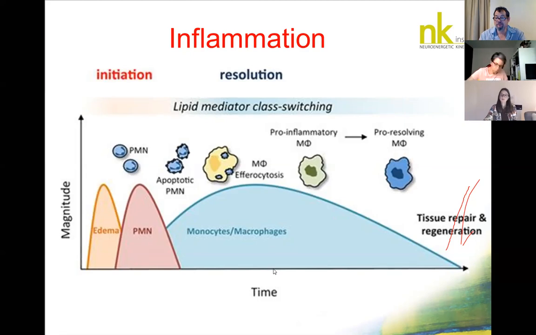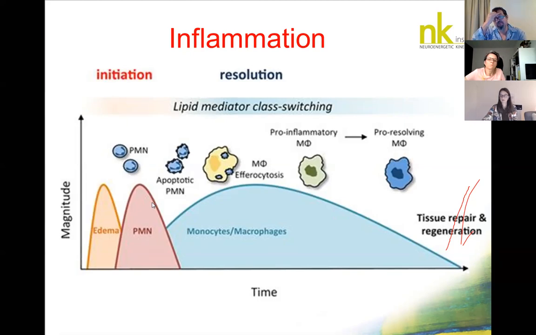And then first is edema. Then you've got PMN, these are the neutrophils, and they come in first, and they bring in the macrophages or monocytes.